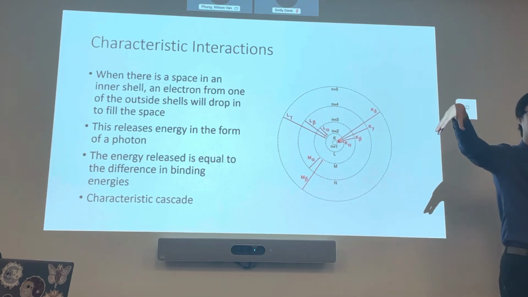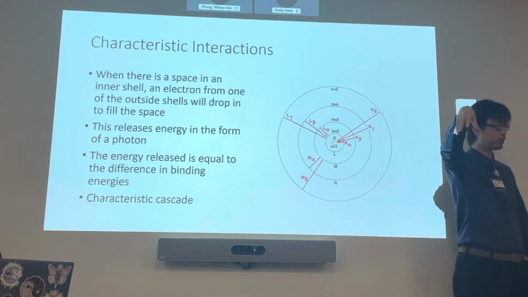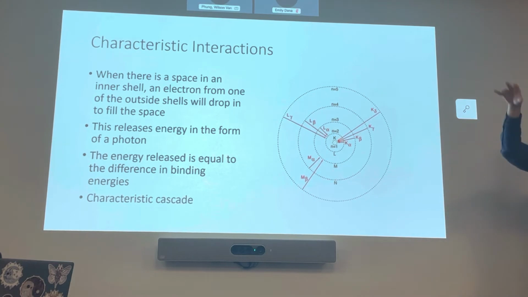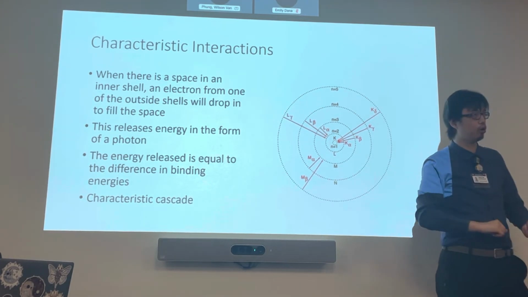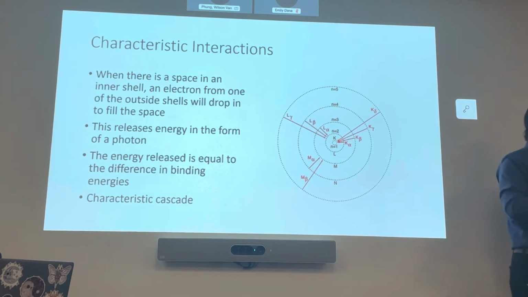Yes, so now you've got electrons from the same atom that want to move into this nice house. The electrons from the other shells, the L, M, N, O, P shells, see this open house in the K shell and say, I want to move into that house.